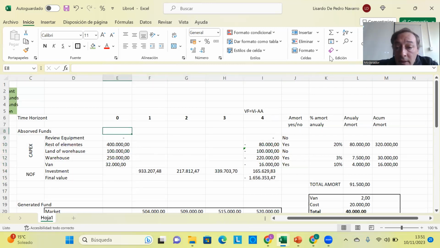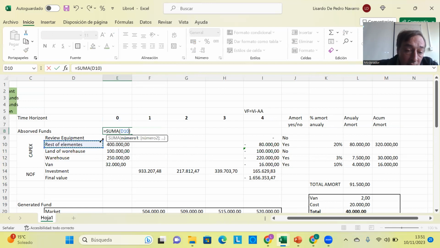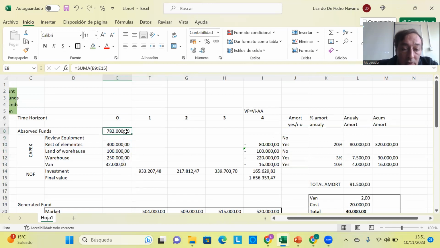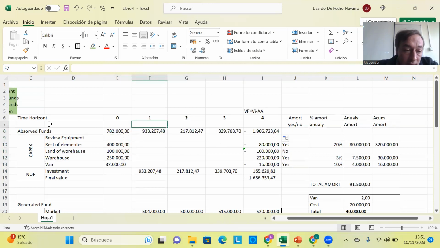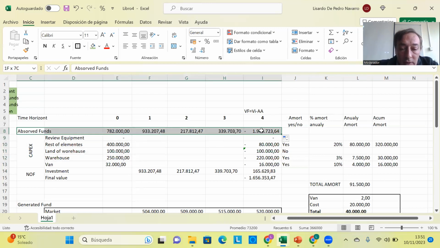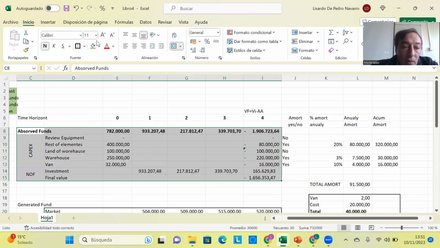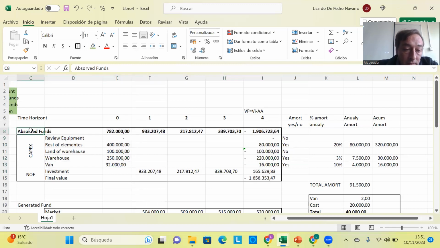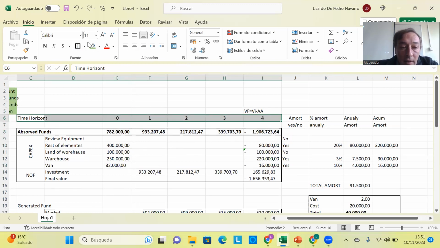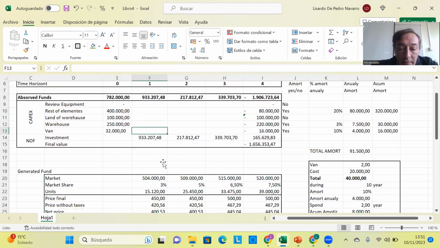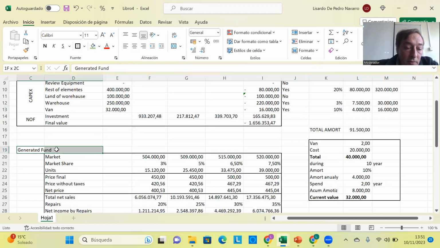Wait a moment, we have here from here to here, and we are going to copy all the years, and now yes, we can put this one in black, and here we can make this one absorbed fund we have here. So the time horizon is here. Great, great.